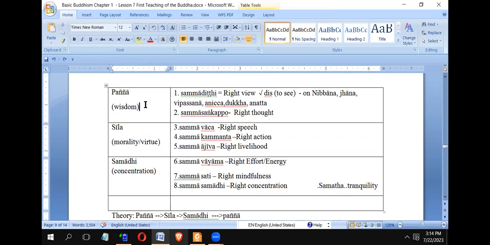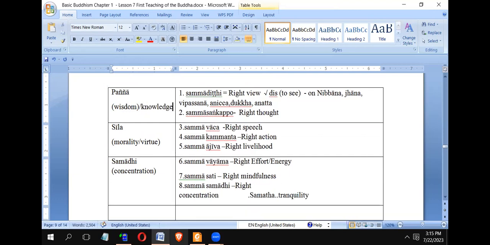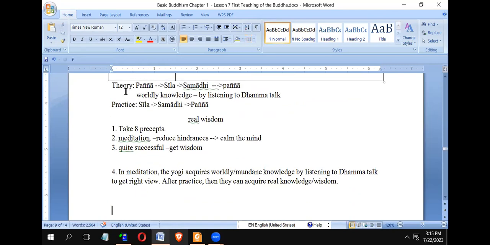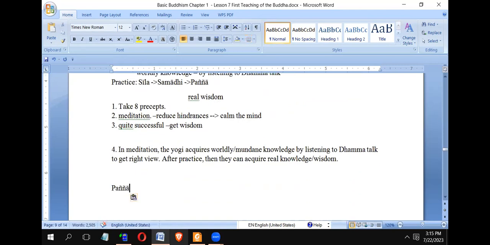But sometimes at this point we shouldn't call it the wisdom group. We should call it the knowledge group, because the word Panya actually has two meanings. Not just wisdom, it can also be just knowledge. There's another word beside Panya, which is Jnana.